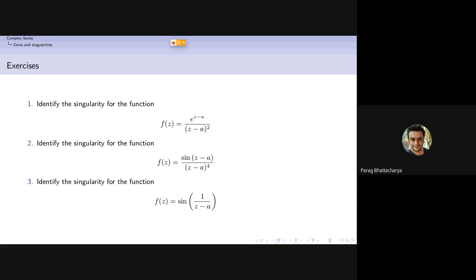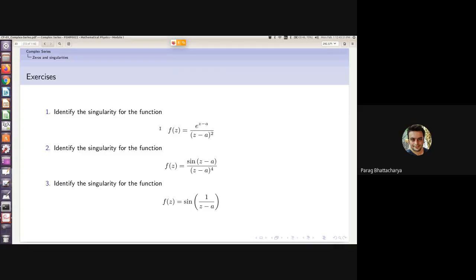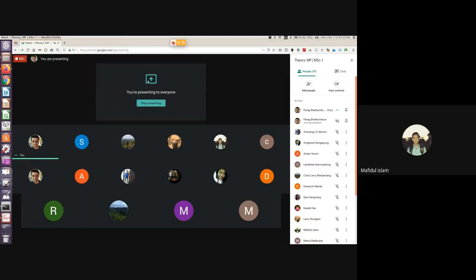Okay. So question number one: f of z equals e to the power z minus a divided by z minus a squared. Have you noted it down? Because now I'm going to switch to my phone. Okay.